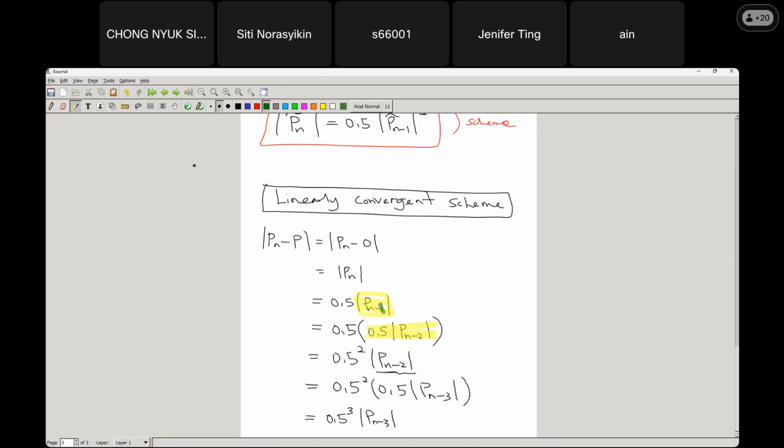This is actually 0.5 to the power of 1. Agree with me? I just highlight it for you to analyze. This is 1. When you have n minus 2, your 0.5 here is to the power of 2. When you have n minus 3, your 0.5 here is to the power of 3.